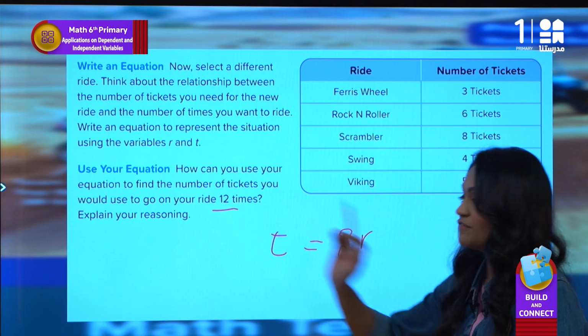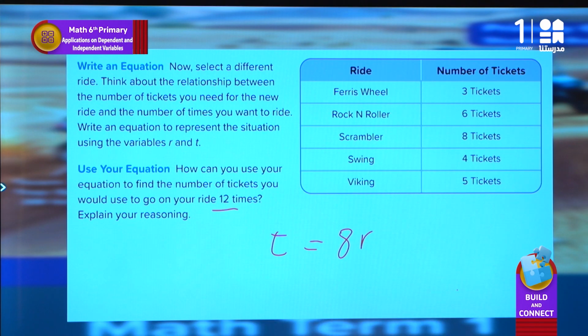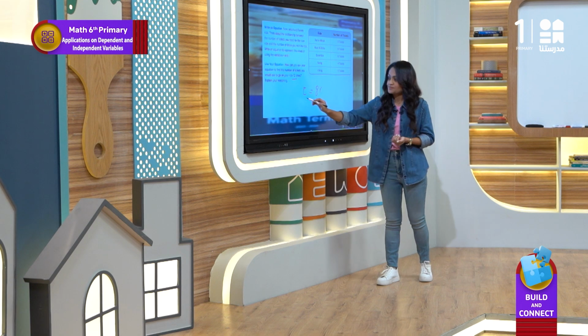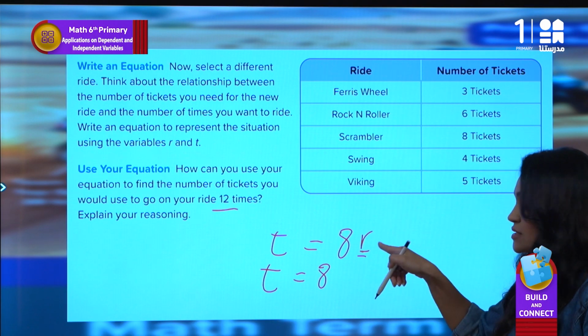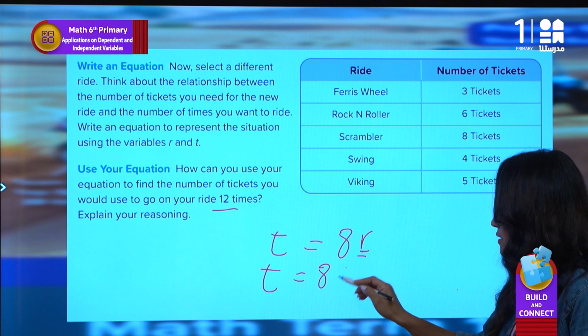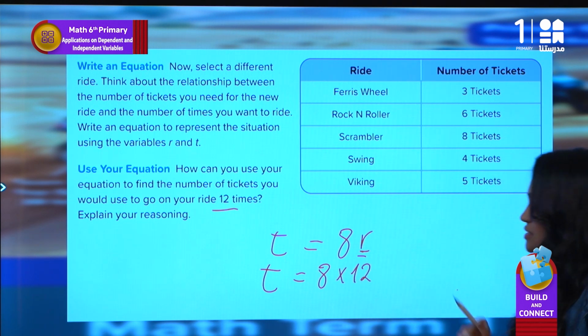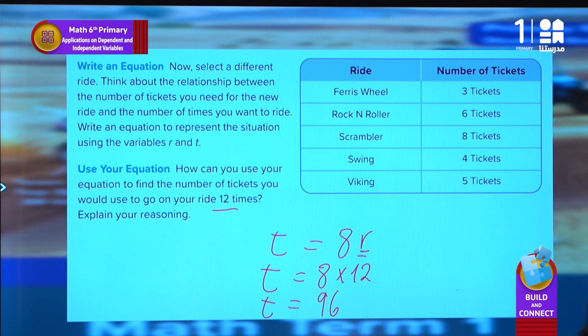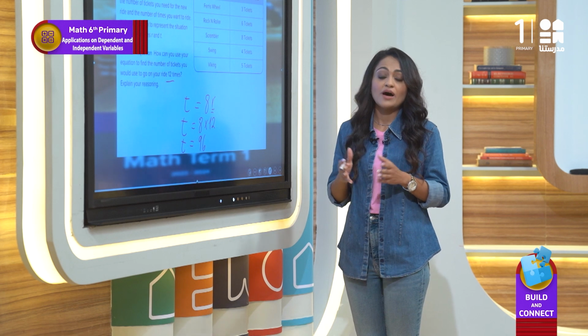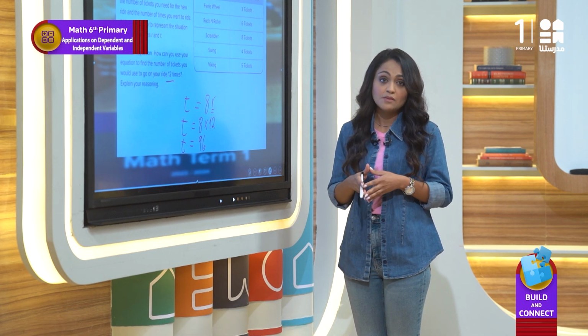Exactly, 12 rides. And T will equal 8 times, and we will replace r with what exactly? 12, so 8 times 12, T equals what exactly? 96 tickets, right? You can also complete the games you have or other different kinds of games in the same way.